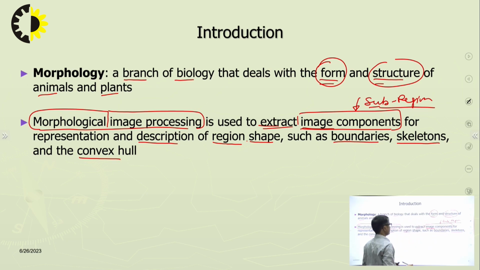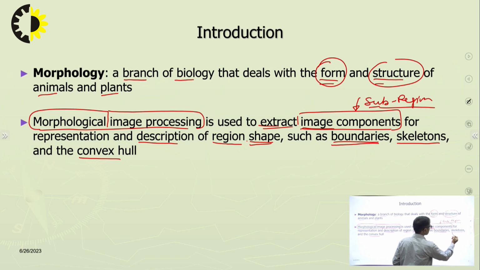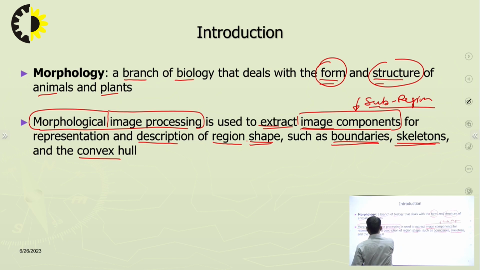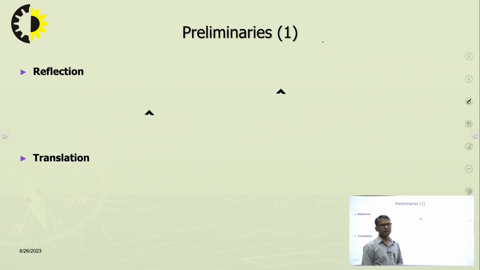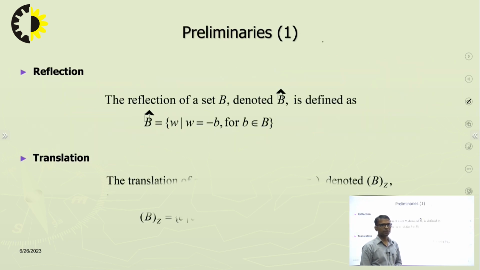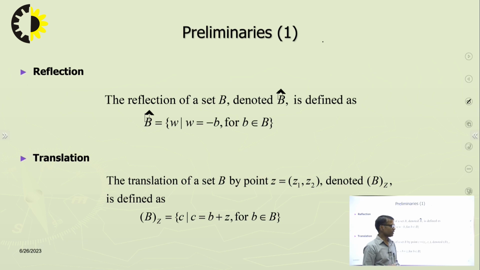For these image sub regions, I may look at the shape of the region, like the boundary description, the skeleton of a particular object, or the convex hull boundary of an object in an image. So, let's start with some preliminaries that are important and used in morphological image processing.